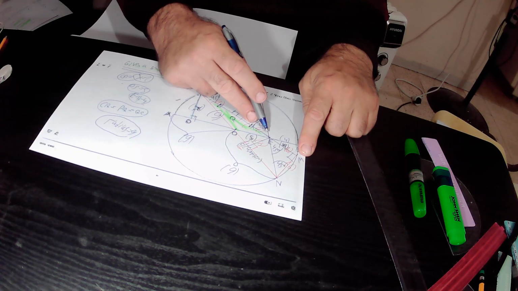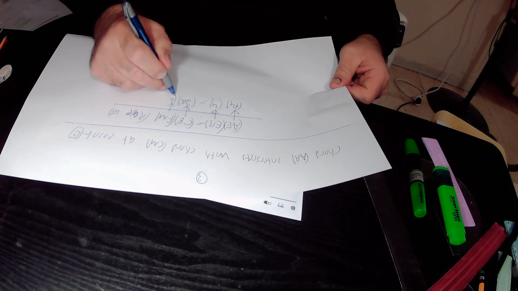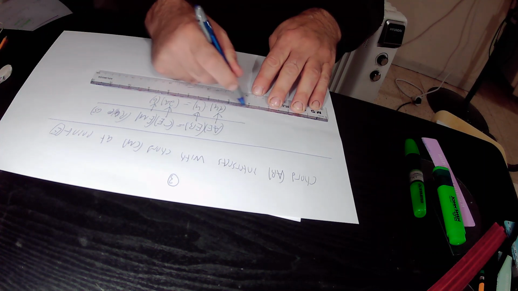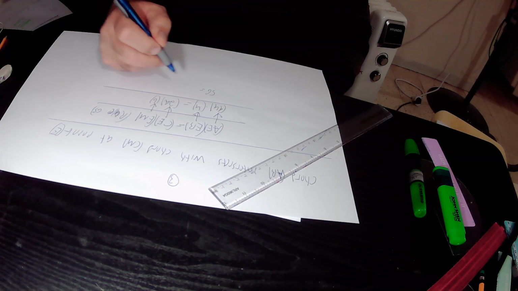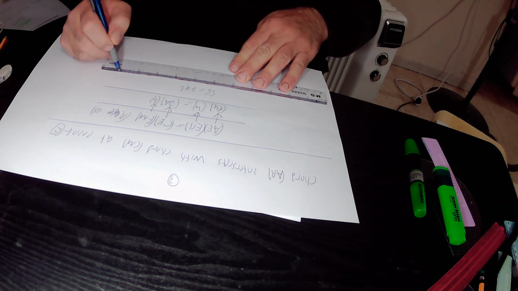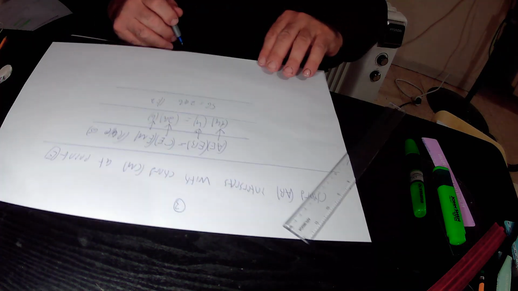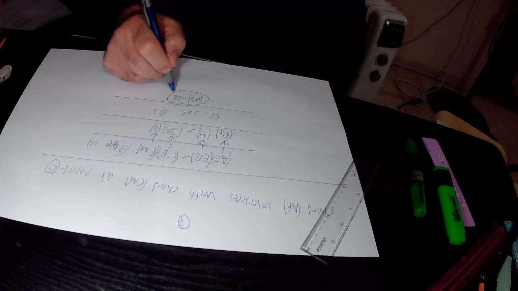EM equals B units according to our definition. So in total, according to Rule 65, 14 times 4 equals 2AB. 14 times 4 is 56, equals 2AB. Here we divide this equation by 2, and finally we get that AB equals 56 over 2, which is 28. AB equals 28.